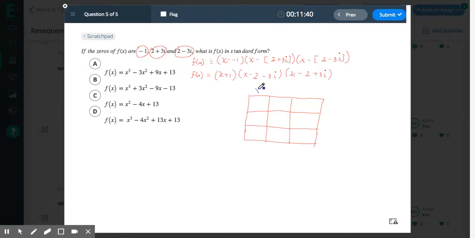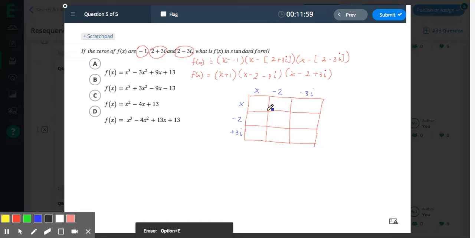So we'll have here x minus 2 minus 3i. And for the width, we'll have x minus 2 plus 3i. So x minus 2 minus 3i, x minus 2 plus 3i.